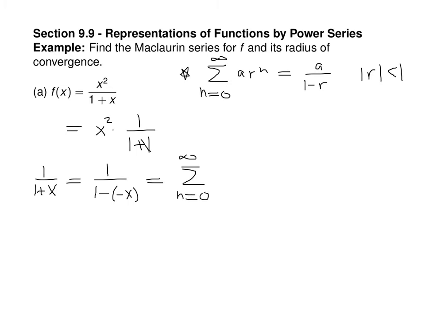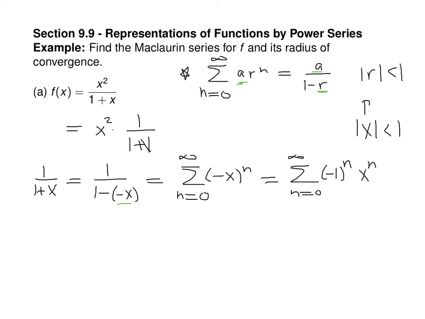So using the geometric series formula, the a in this case is 1, and the r is negative x. So negative x to the nth, which is the same thing as the sum from 0 to infinity, negative 1 to the n, x to the n. And this will converge as long as the absolute value of negative x, which is just x, is less than 1, giving me radius of convergence 1.